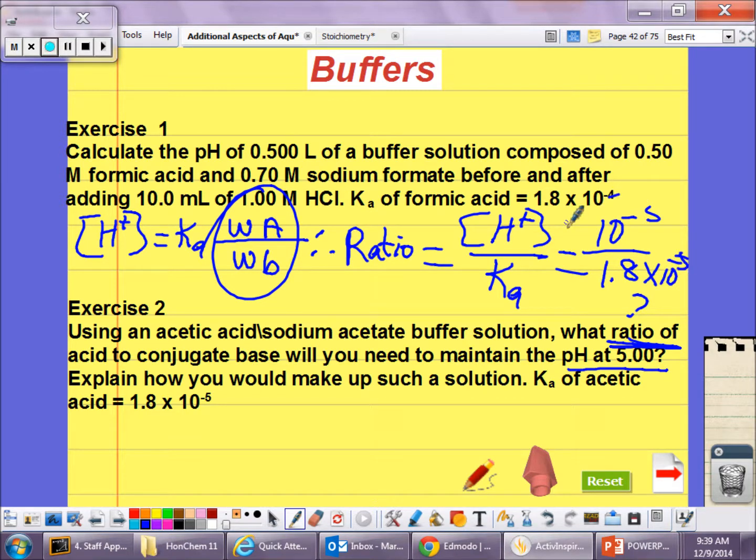So, what is 10 to the negative 5 divided by 1.8 times 10 to the negative 5? 5 over 9. But I need a ratio. So this is 5 to 9. Can we reduce it?